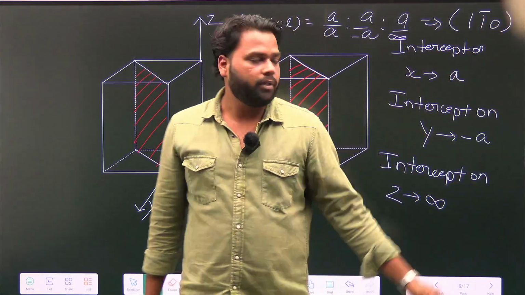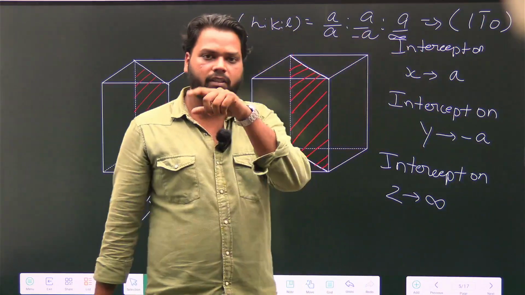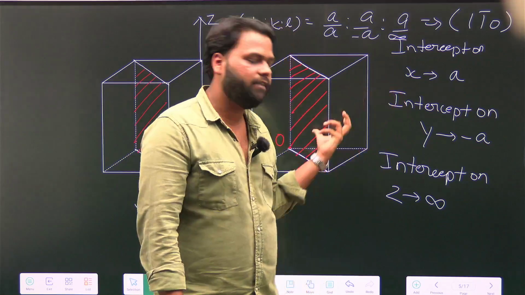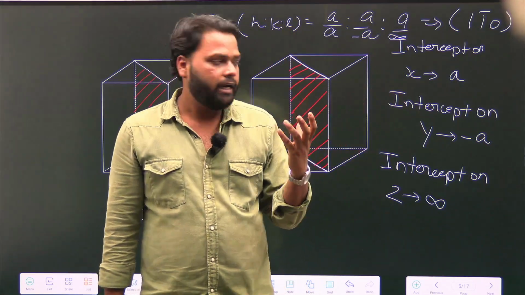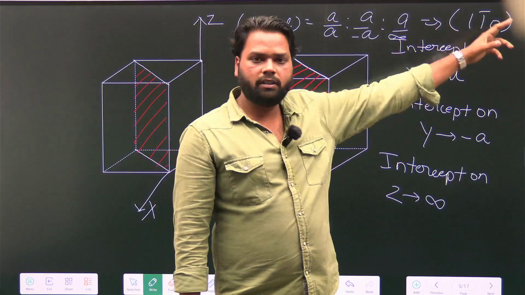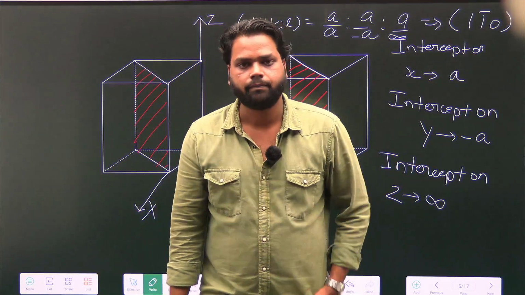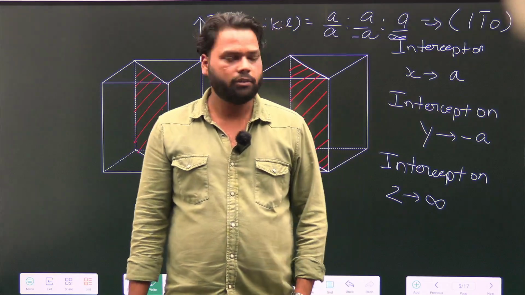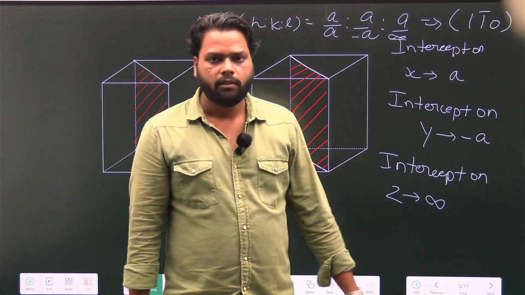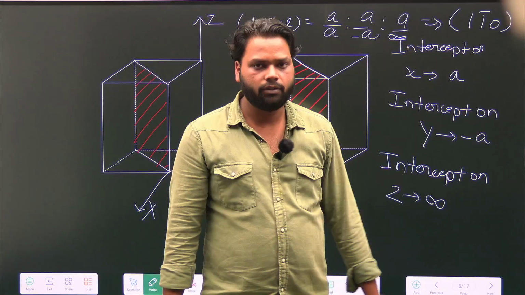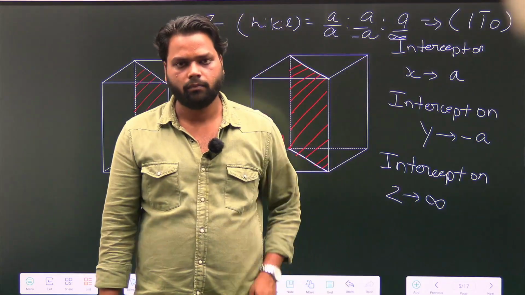Yes, you are right, because that plane 1 bar 1 0 will also represent the plane of the same family. Okay, and when you draw the 1 bar 1 0, that plane should be parallel to this plane. Okay, 1 bar 1 0 should also be the Miller indices. Okay, आप -1 से divide कर दो तीनों को. You can do. Clear है?